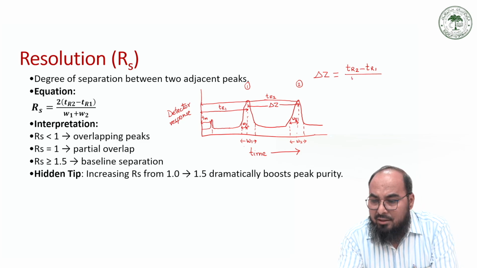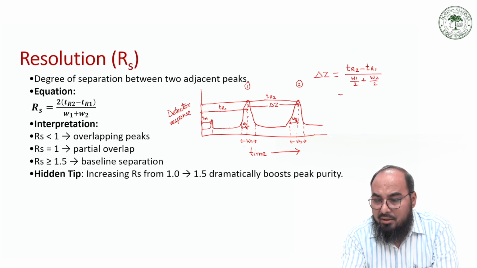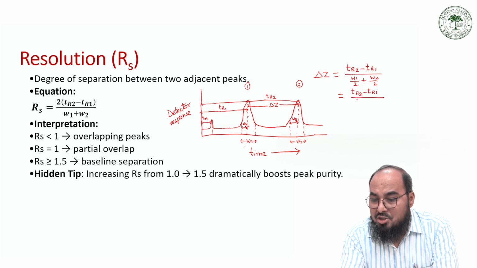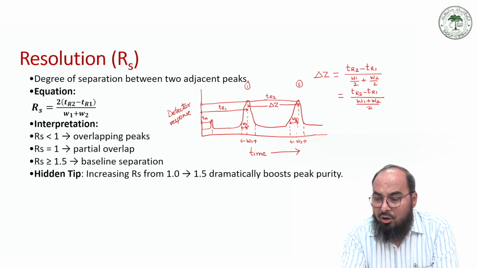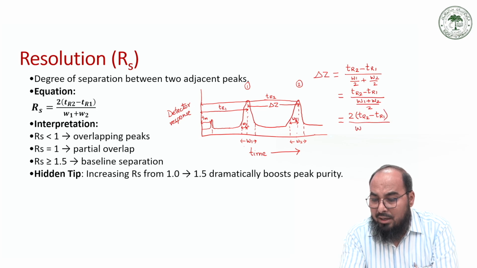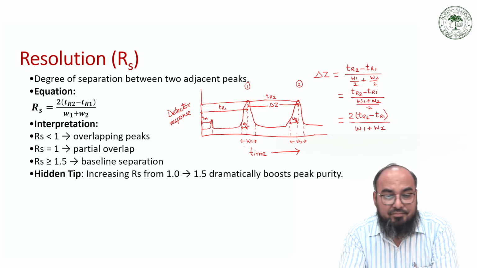So what we do, we just add W1 of half plus W2 of half. Just solving it simply, it becomes Tr2 minus Tr1 upon (W1 plus W2) upon 2. Now bring the 2 to the numerator side, it becomes twice of (Tr2 minus Tr1) upon (W1 plus W2).